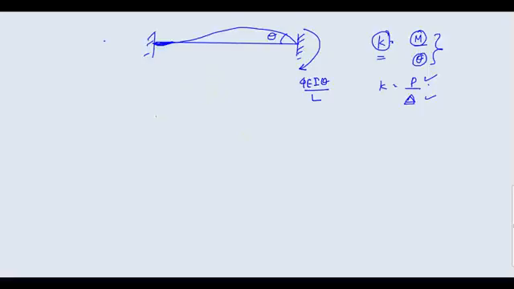So you can tell me what is the value of stiffness for this beam. Stiffness for this beam is equal to, or rather I am writing it more generally, M by theta. M is equal to 4EI theta upon L, divided by theta. You can cancel out theta from here and here.